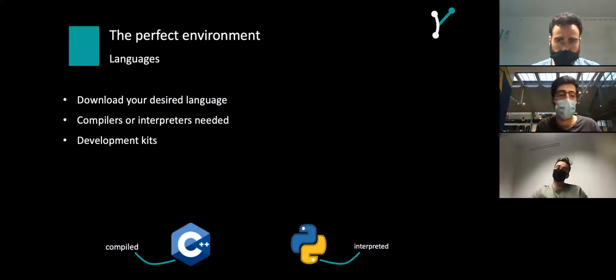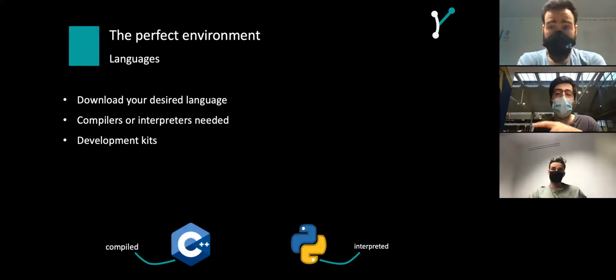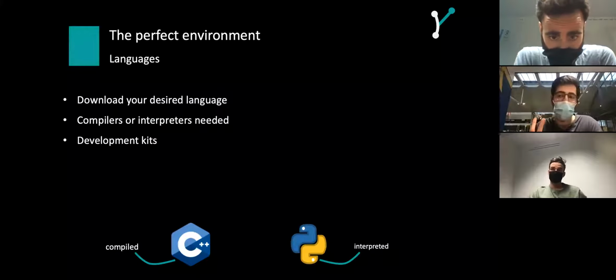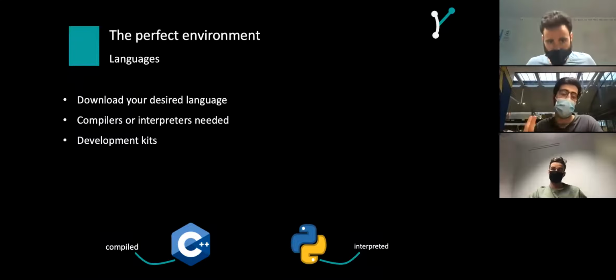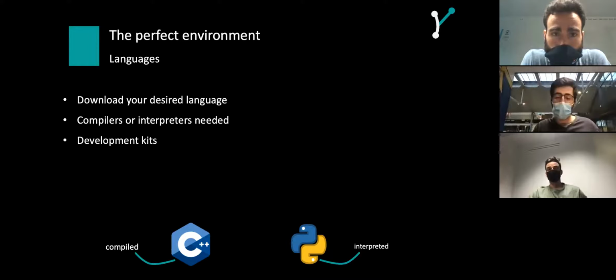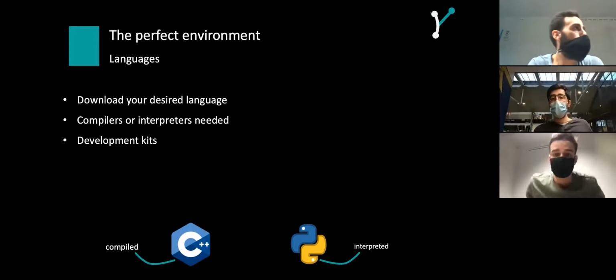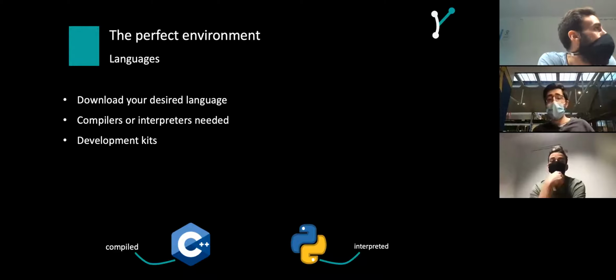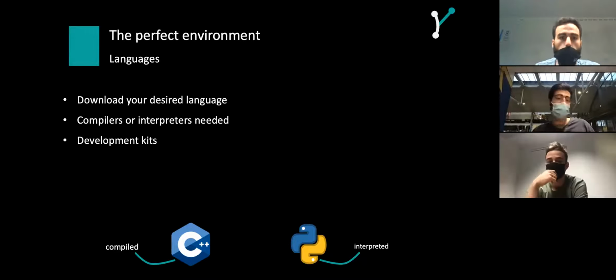You might also need SDKs, or software development kits, which usually include debugging tools and runtime tools, everything you might need while developing. Again, depending on the language you choose and how it runs, the complexity here varies.